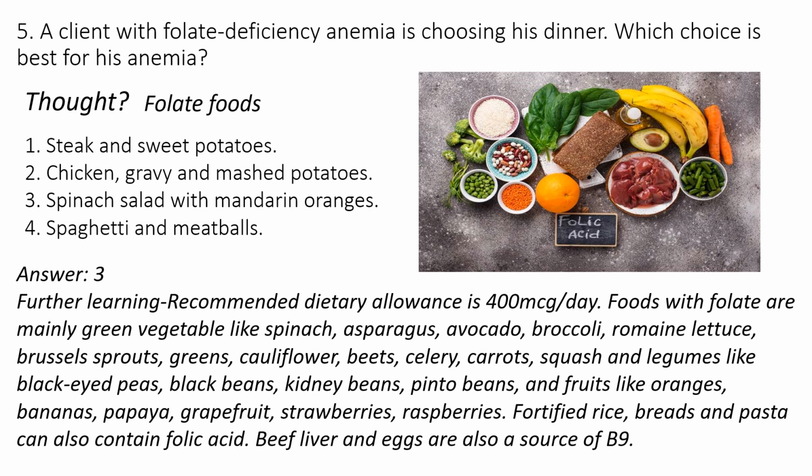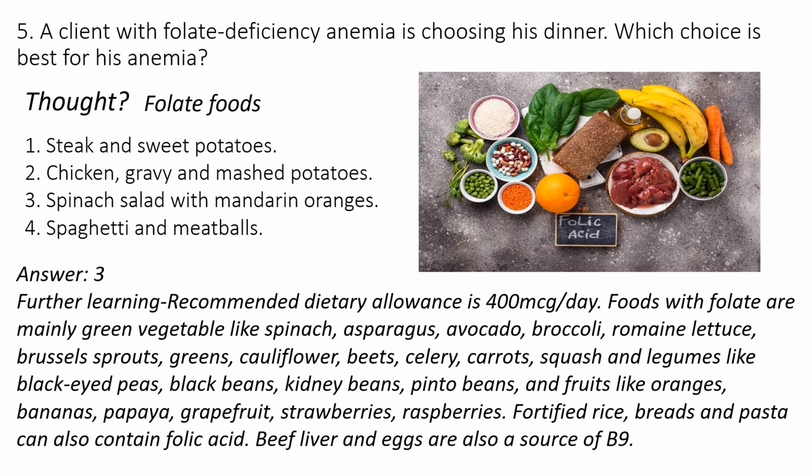And the foods with high levels of folate are mainly your green leafies, like spinach, asparagus, avocado, broccoli, romaine lettuce, Brussels sprouts, any of your greens, mustard greens, cauliflower, beets, celery, carrots are in there, squash. And then we also have beans, so legumes like black-eyed peas, black beans, kidney beans, pinto beans, and then fruits like oranges, bananas, papayas, grapefruit, strawberries, raspberries.